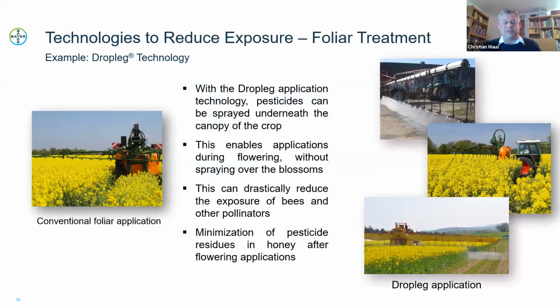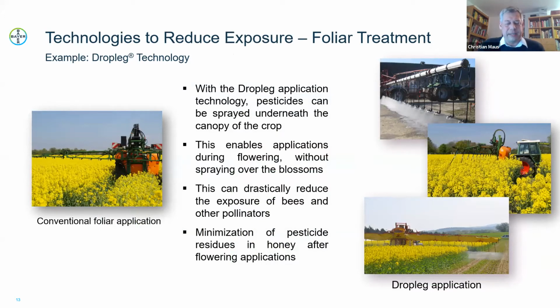There can also be technically quite interesting, partly sophisticated, partly quite straightforward measures for how exposure of bees to pesticide applications in crop protection can be minimized. And I show you two examples here.